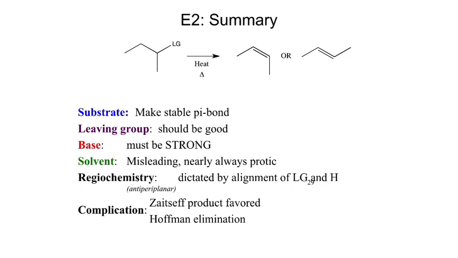We want to make the most stable double bond given a choice. If we are not given a choice, we have to fall back on this antiperiplanar and the alignment comes out as it comes out. There is this word Hoffman elimination. Ignore it. Don't stress about it. You got enough other stuff to worry about. We don't need to add an exception to it.